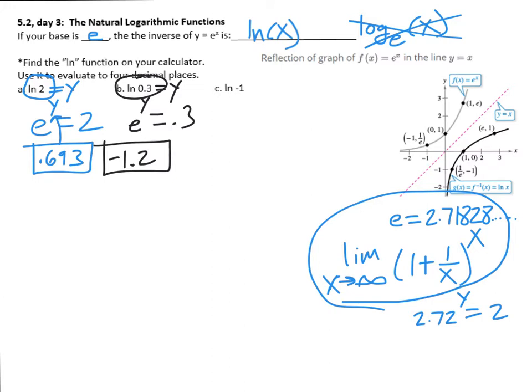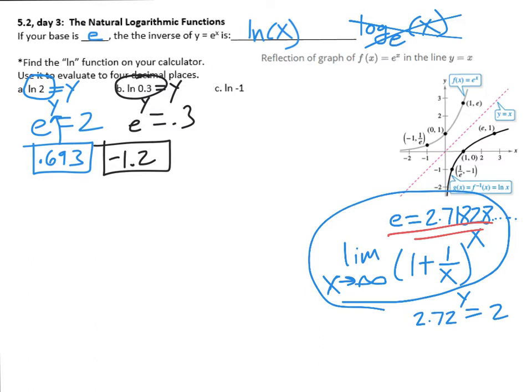Now, check over on the graph here, okay? We looked in day 2 at a bunch of graphing stuff, and we specifically said here's all the properties you're going to find with graphing if your base is bigger than 1. Well, guess what? 2.71828 is bigger than 1.